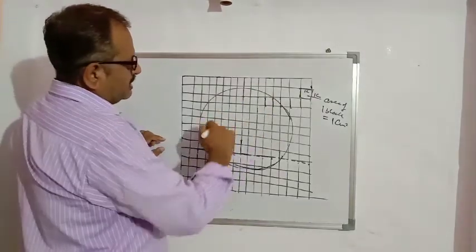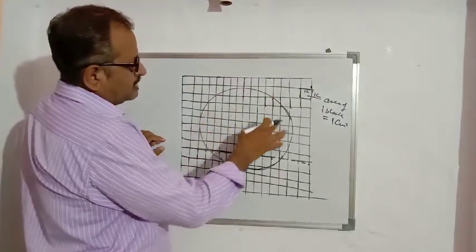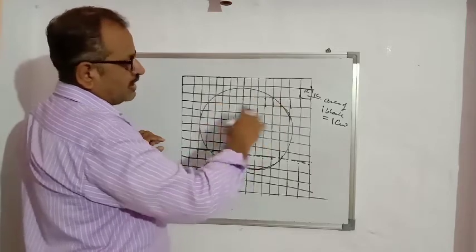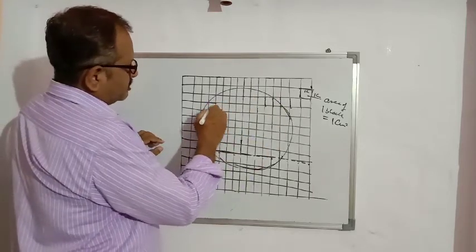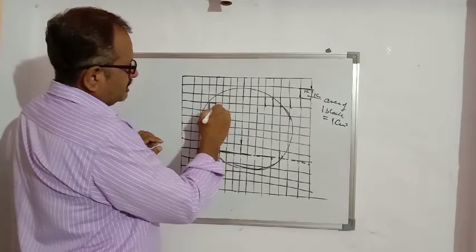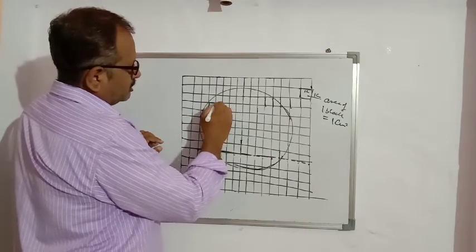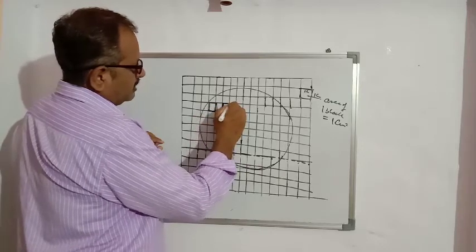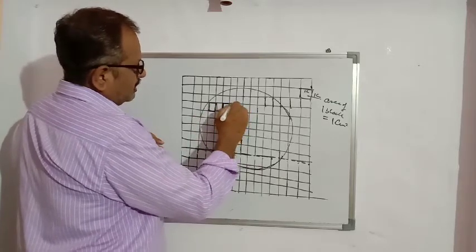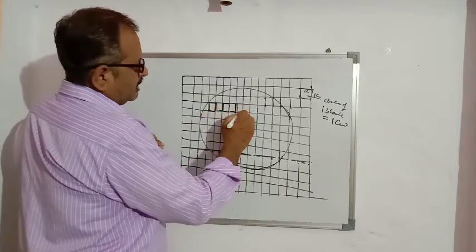Now we will count how many complete squares come in this circular region. Suppose this is a complete square. This one is a complete square. This is also a complete square.